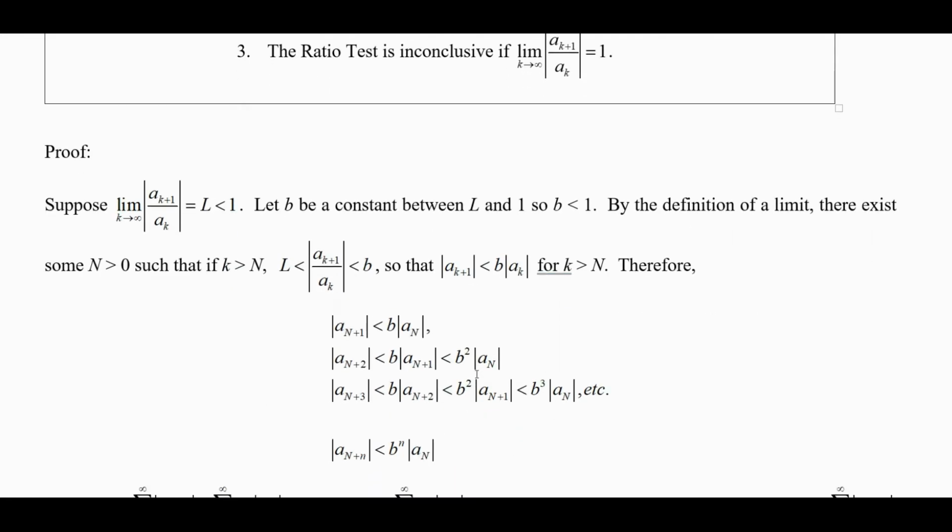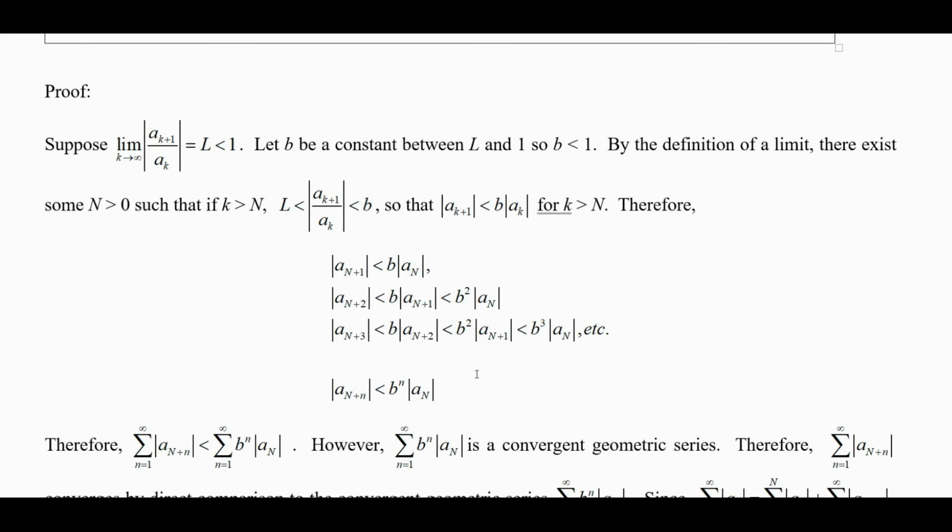So here's a proof of that. Suppose that the limit of those terms is some L, which is less than 1. Let B be a constant between L and 1, so B is less than 1, and a positive number for that matter too.